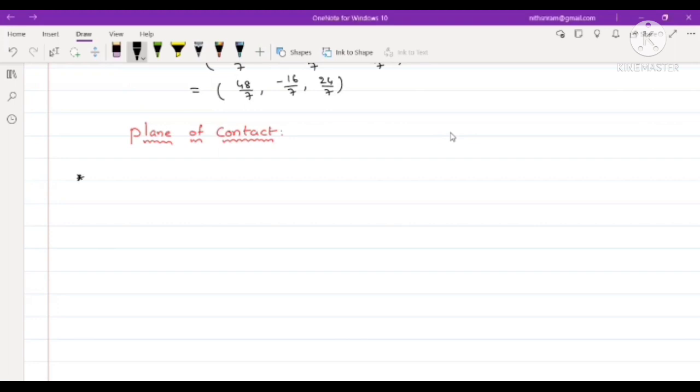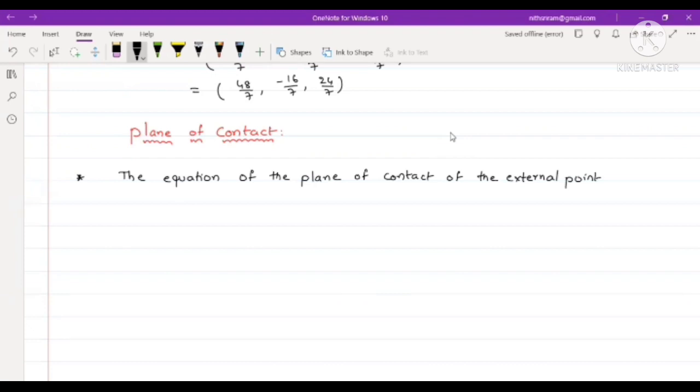Here the equation of the plane of contact of the external point B (x1, y1, z1) with respect to the sphere S = 0 is S1 = 0.